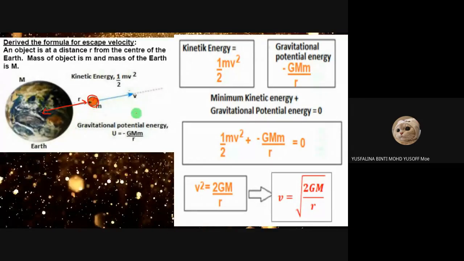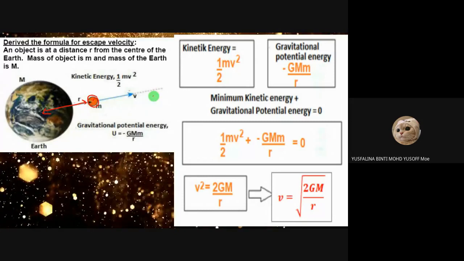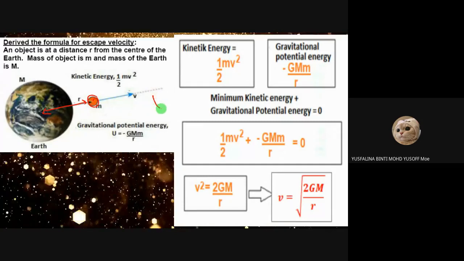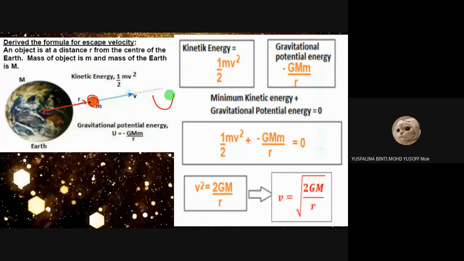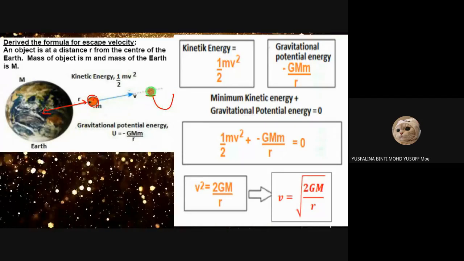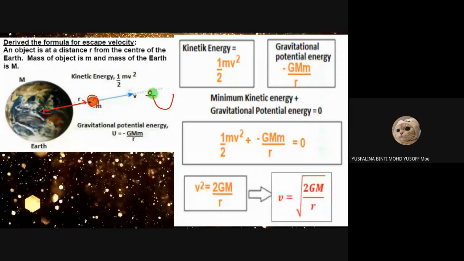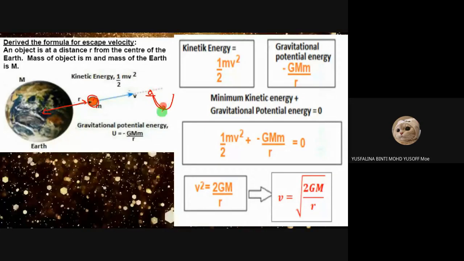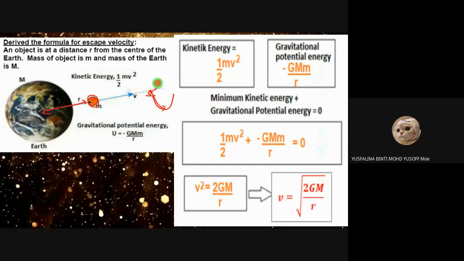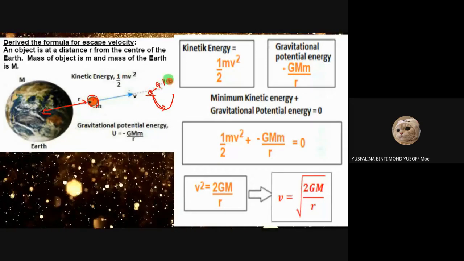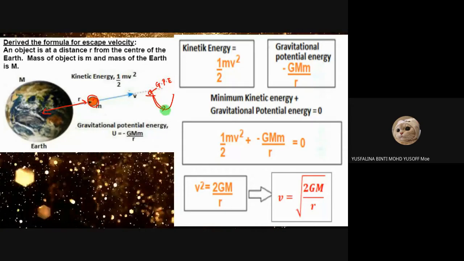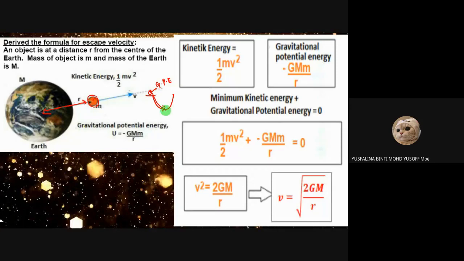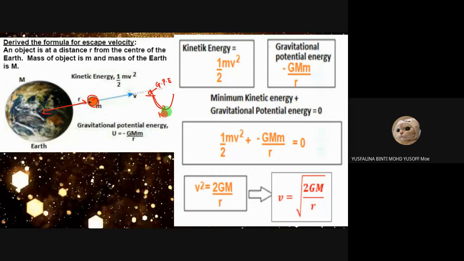So an example like this. Let's say I have a U-curved surface like this. This is the object, this is the ball. When the ball moves from here to here, the energy changes. Here you have the gravitational potential energy, and when you move down, it changes to kinetic energy.